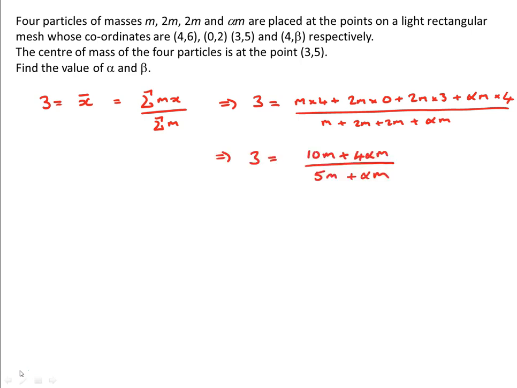In other words, 3 is 10m plus 4 alpha m divided by 5m plus alpha m. The m's cancel throughout the fractions, so 3 is equal to 10 plus 4 alpha divided by 5 plus alpha. Multiplying up by 5 plus alpha, we've got 15 plus 3 alpha equals 10 plus 4 alpha, so alpha must equal 5.